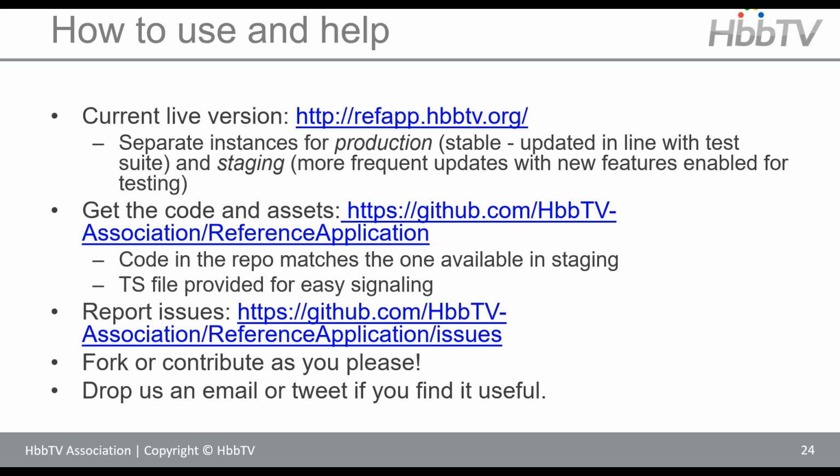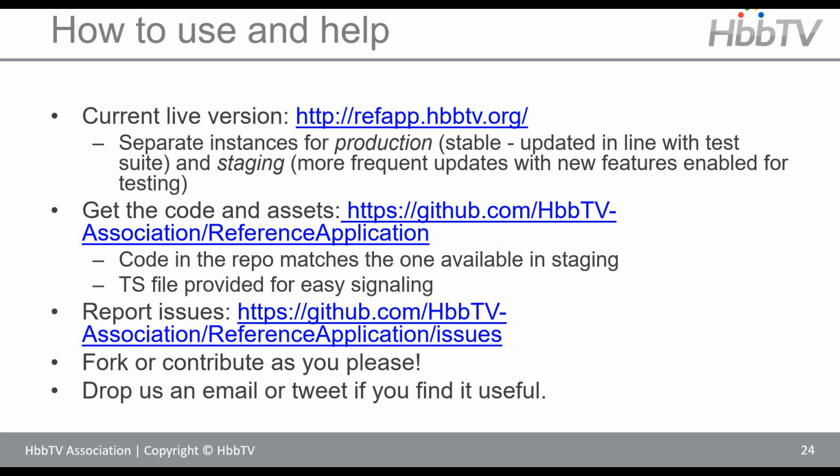Then there is a staging version that has more frequent updates with new features and perhaps some fixes as well. If there is an urgent need for a fix, we will push it to production in a controlled manner. But the staging will include all the latest stuff and also the latest content that is available.